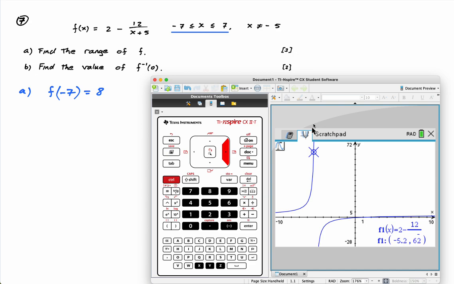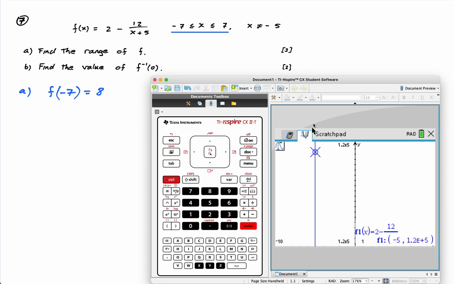If I do f of -5.0001, I get 1.2 e plus 5, which is 1.2 times 10 to the power of 5, basically 120,000. So this is just going to keep going. If I type in -5.00001, I get even more. Look, that's 1,000,000 or whatever. So this is going to infinity.